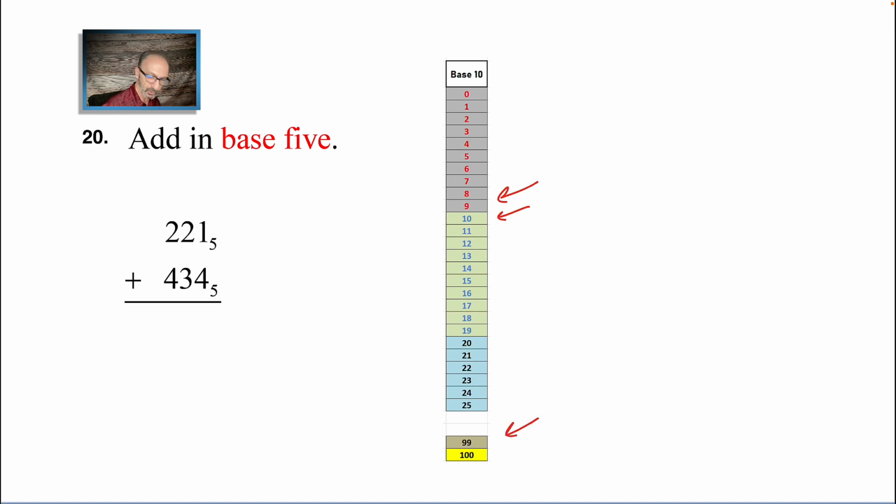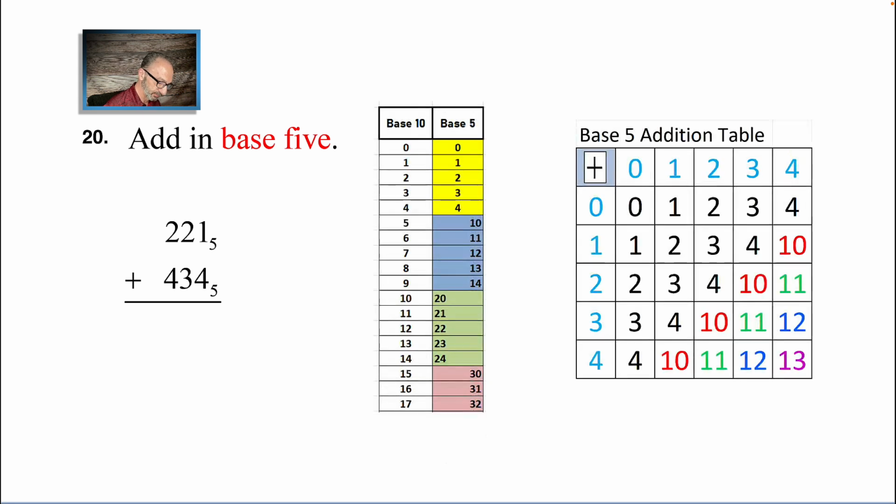After 99, they're both filled. We force the 9s to be zeros and we add 1. In base 5, after 4, we write 1, 0. After 14, 4 is the highest, so we add 1, force the 4 to be 0, and it looks like 20.